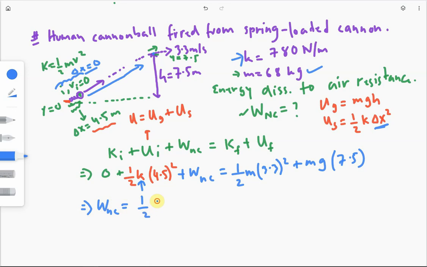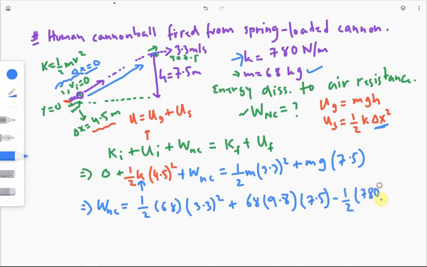So 1/2 m, where m is 68, times 3.3 squared, plus mg, where m is 68 times 9.8, times the height, which is 7.5. Now subtract this term from both sides, so that on this side we end up with minus 1/2 k, where k is 780, times delta x squared, so 4.5 squared.